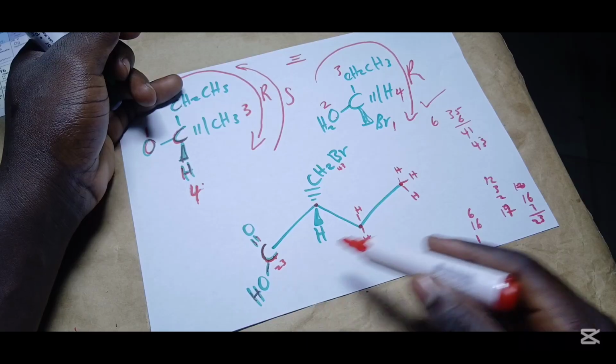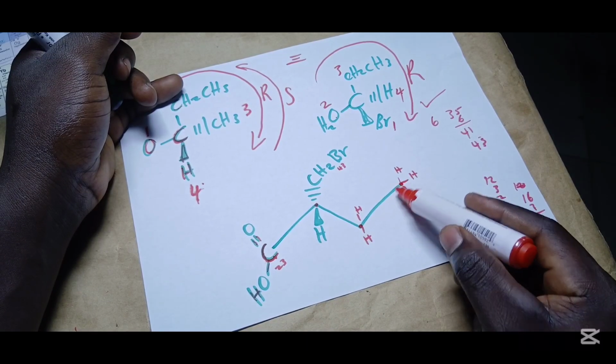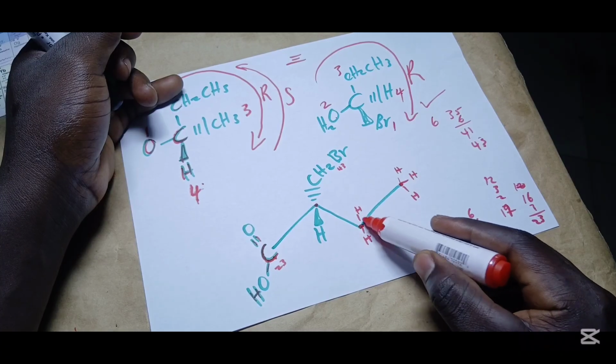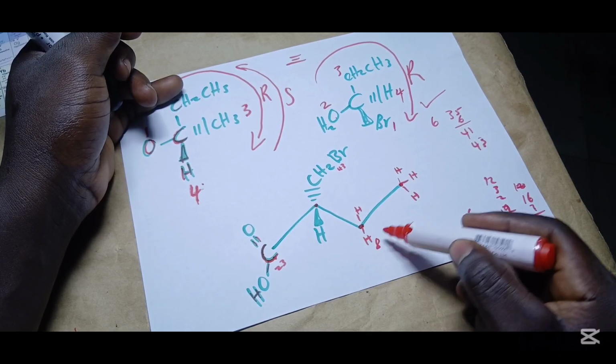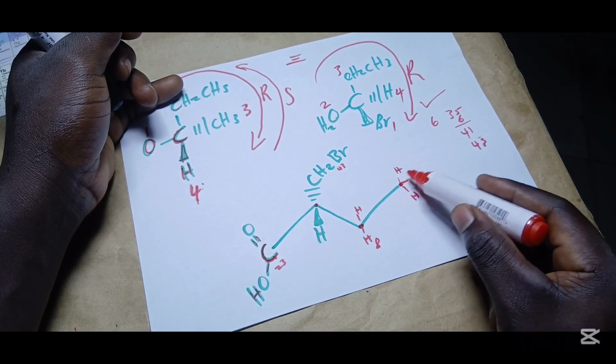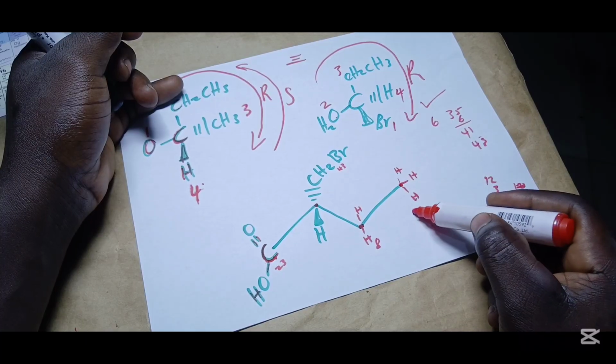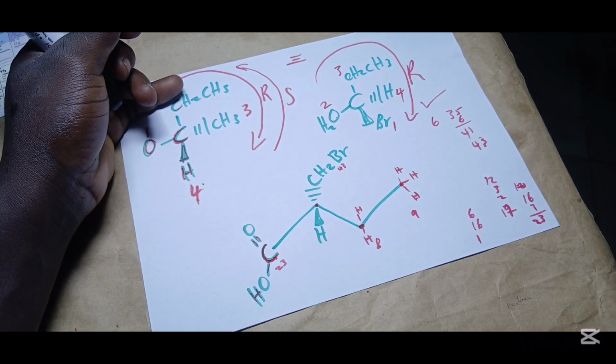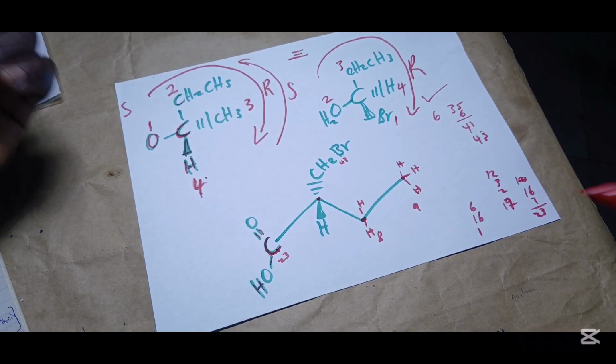So 23 weight. And here we have an ethyl group: carbon here, 6, 2 hydrogens, 7, 8. And here we have carbon, 6, 3 hydrogens, 7, 8, 9. So 9 plus 8 gives us 17.